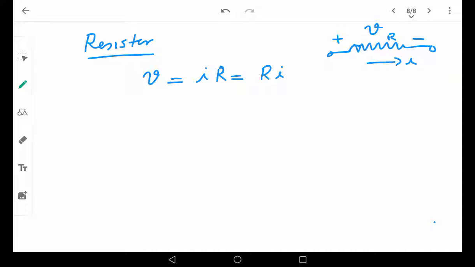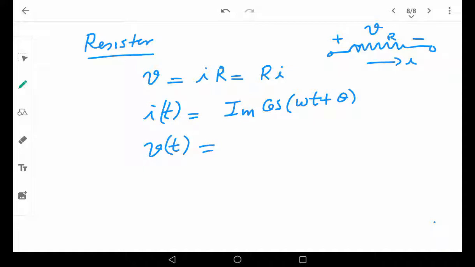Okay. So if you have i(t) equal to Im cos(omega t plus theta), then you know the voltage v(t) will be equal to R Im cos(omega t plus theta), isn't it?